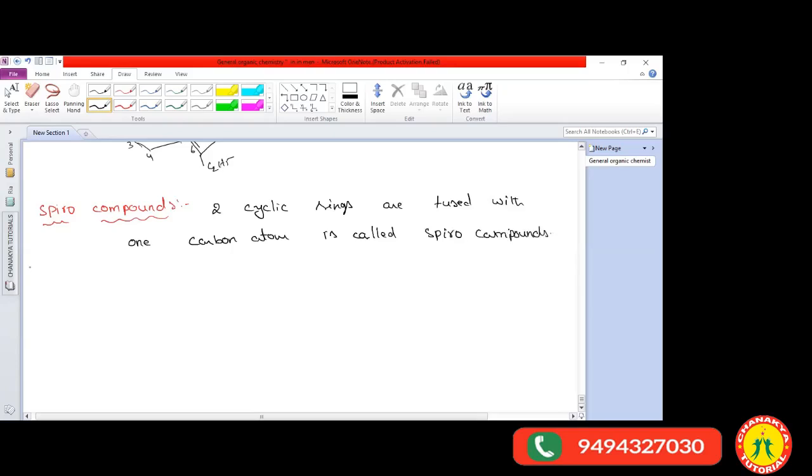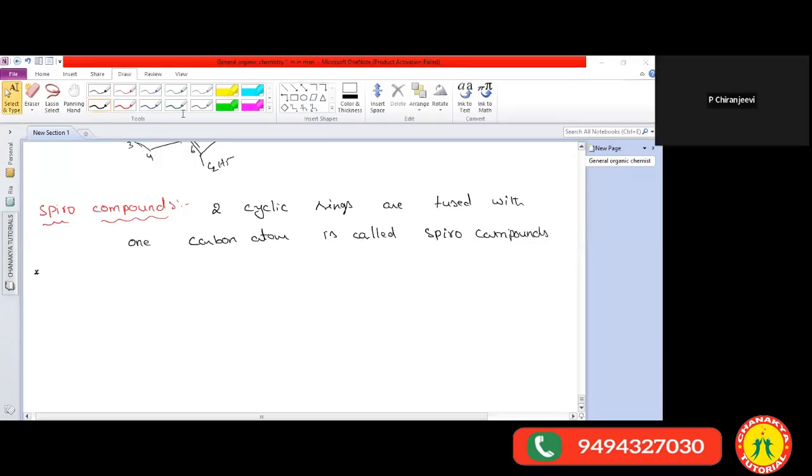While writing the spiro compounds, the number of carbon atoms in the cyclic rings, both the cyclic rings, we have to write in increasing order.